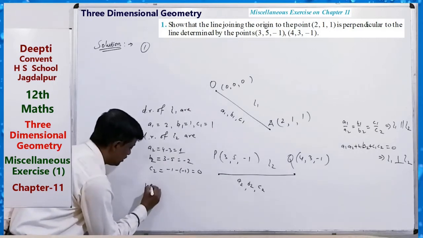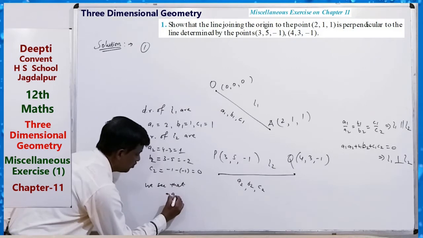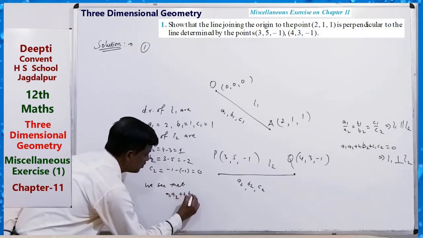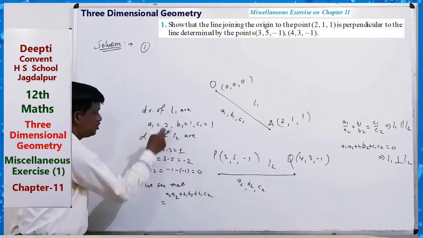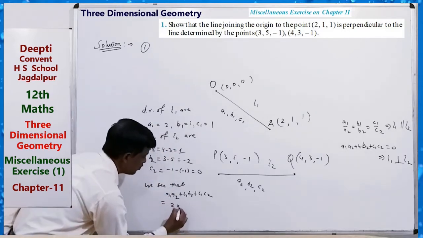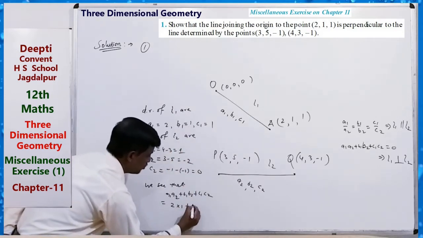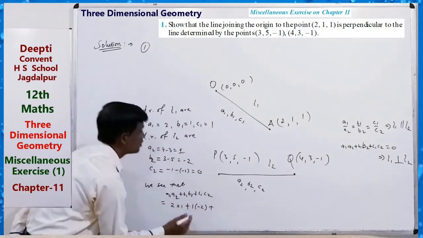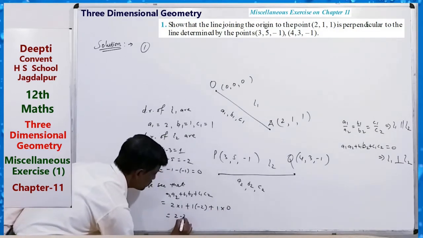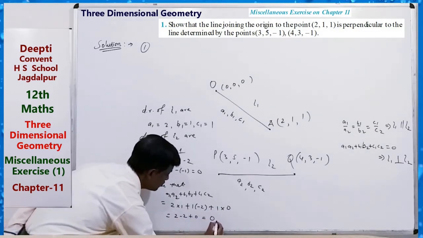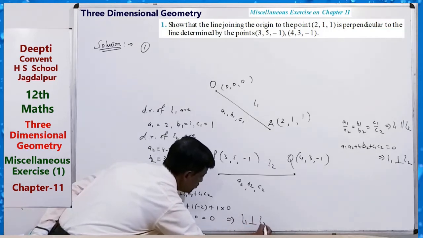And we see that A1 A2 plus B1 B2 plus C1 C2 equals what? 2 into 1 plus 1 into minus 2 plus 1 into 0, equals 2 minus 2 plus 0 equals 0. This implies line L1 is perpendicular to L2.